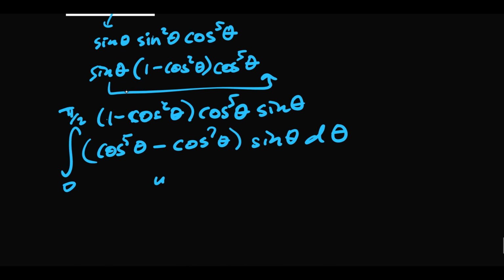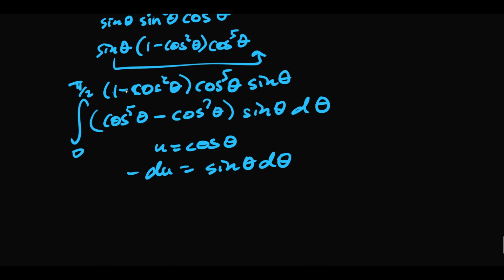You can let u equal cosine theta, and then du is negative sine theta d theta. So I'm going to put the negative on the other side. And now this all becomes negative integral of u to the fifth minus u to the seventh du.